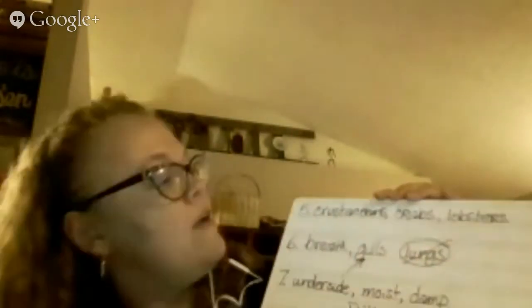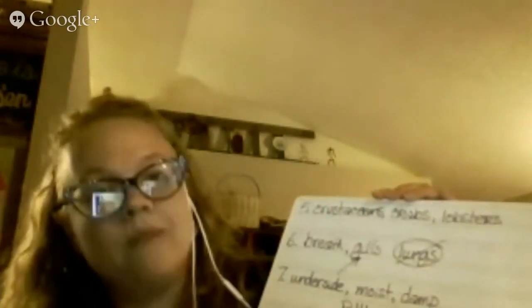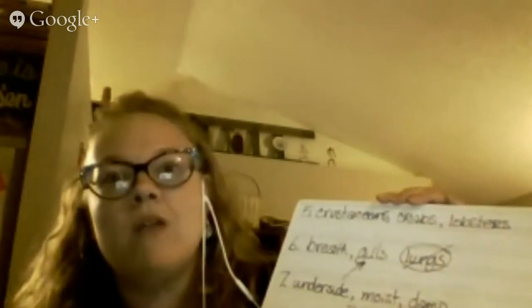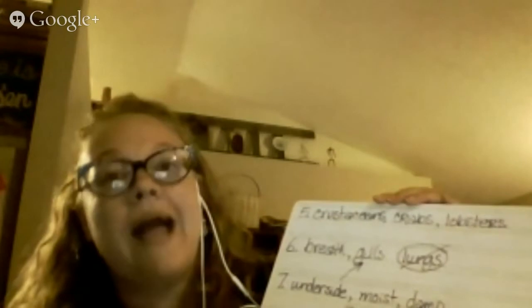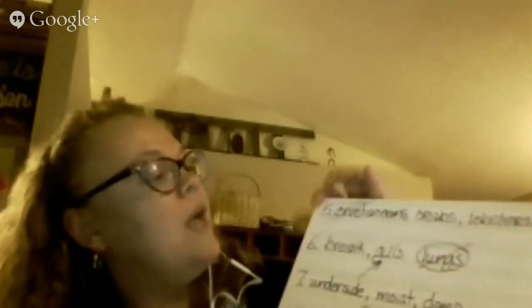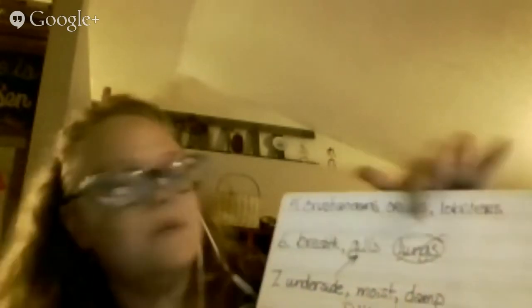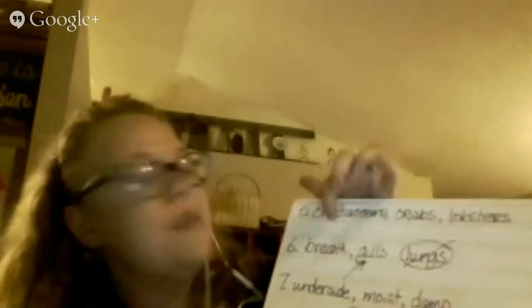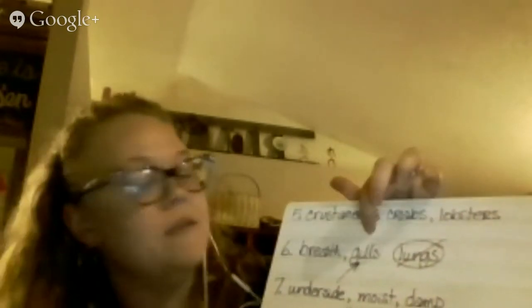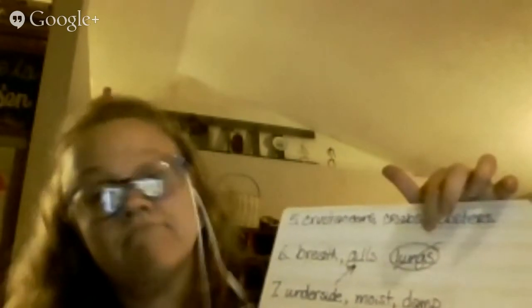Number 5, crustaceans, crabs, lobsters. My sentence would be something along the lines of, pill bugs are actually crustaceans like crabs and lobsters. Number 6, breathe, gills, not lungs. Like their crustacean relatives, pill bugs breathe through gills, not lungs.